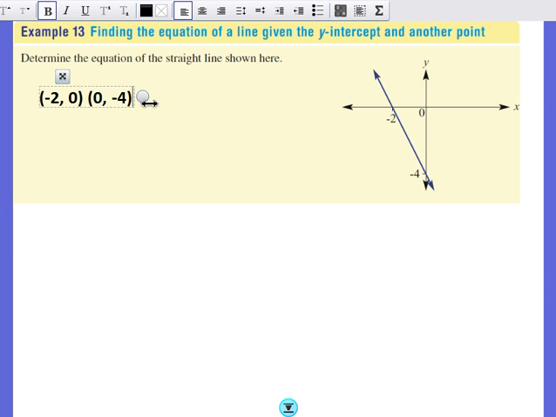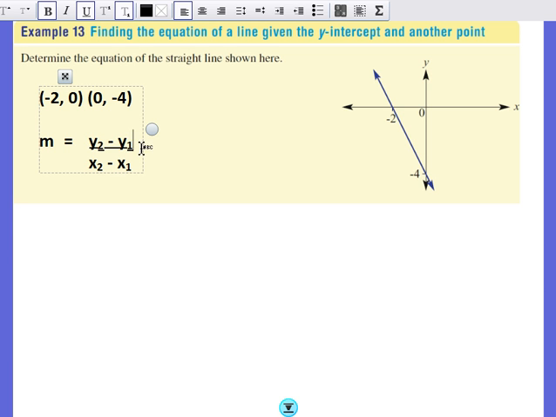Okay, so because I have 2 points, I can use my lovely formula for gradient, which is, if you remember, m, the gradient, equals y2 minus y1 over x2 minus x1.